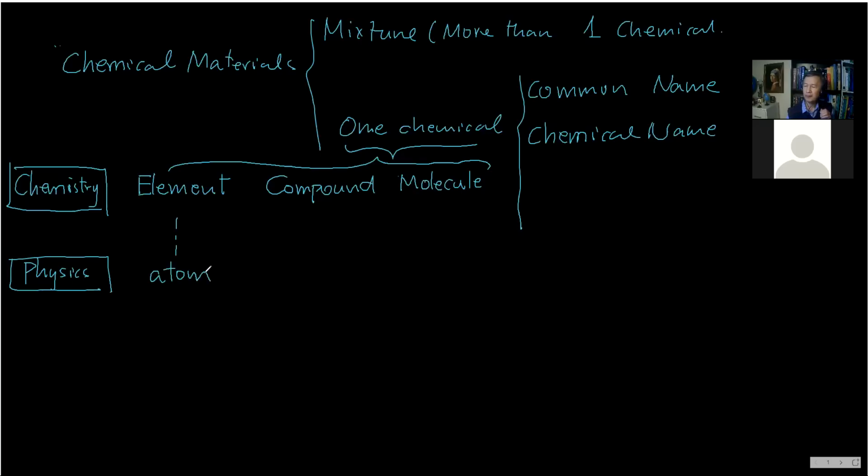So you have to be careful. When you study chemistry and they say element, they are actually talking about atoms. And what is a compound? Compound is more than one type of atom. So does a molecule.